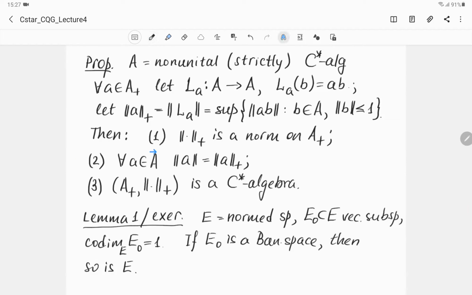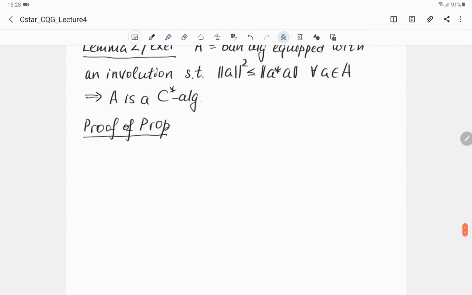So let's show that when we restrict this new norm, at this point we don't know still that this is a norm, but let's show that when we restrict this to the algebra itself, we get the original norm on A. So part 2. First of all, you have two elements A and B in our algebra. So the norm is by assumption sub-multiplicative. So we have the following inequality.